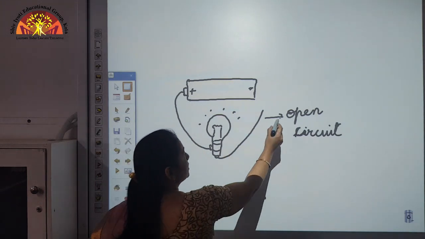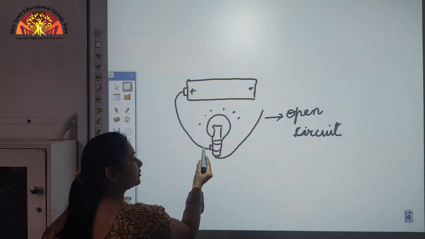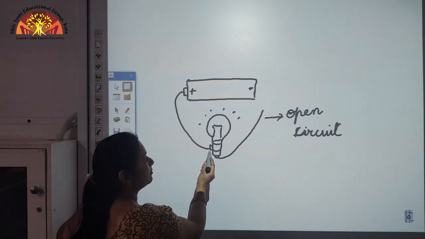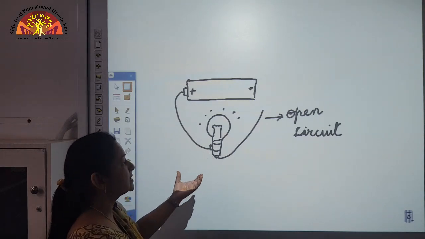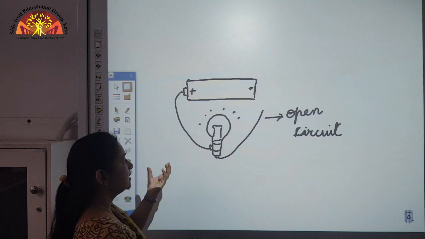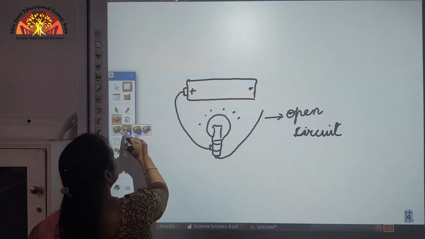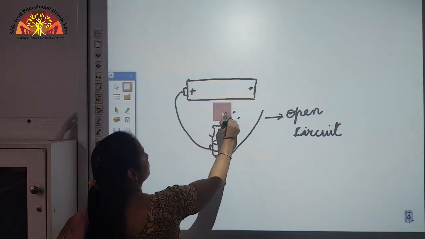It may be open from this side, or if it is not connected to the terminals of the bulb, then too we call it an open circuit. In this case the bulb will not glow.